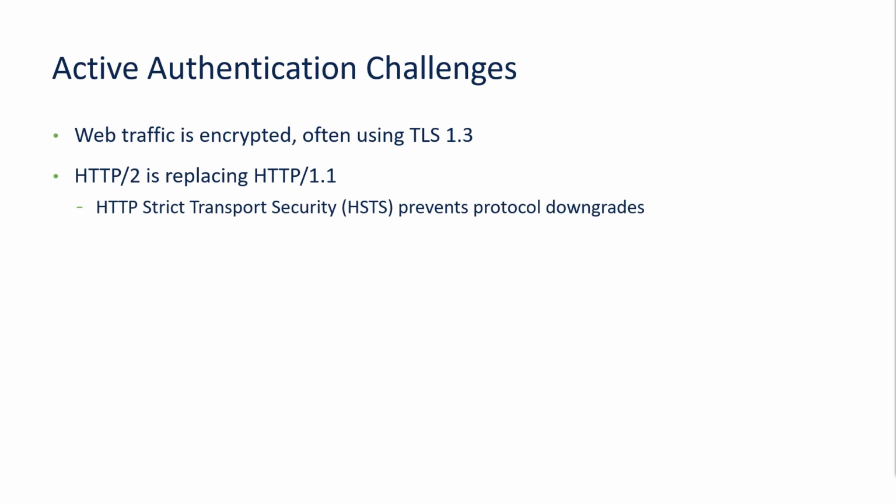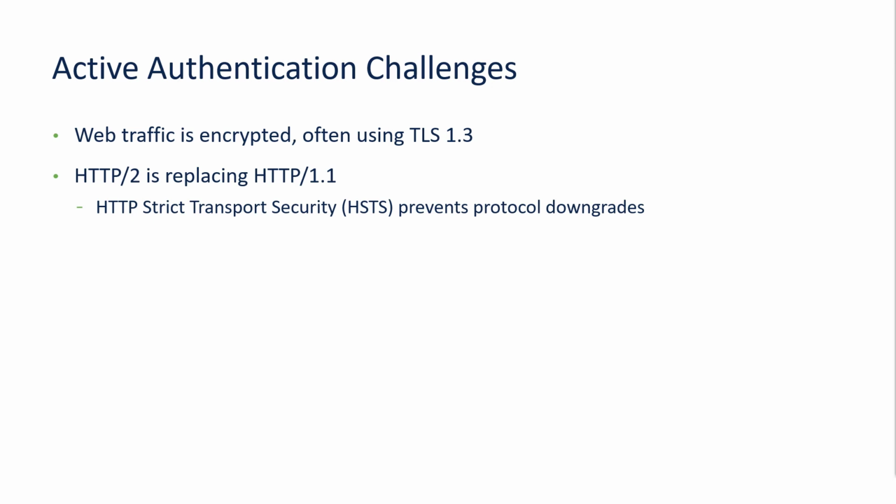Also, HTTP2 is replacing HTTP 1.1. Then traditionally you would downgrade to do the active authentication and the analysis of the web traffic. But because of such technologies as HTTP Strict Transport Security, that downgrade is becoming impossible in some cases.